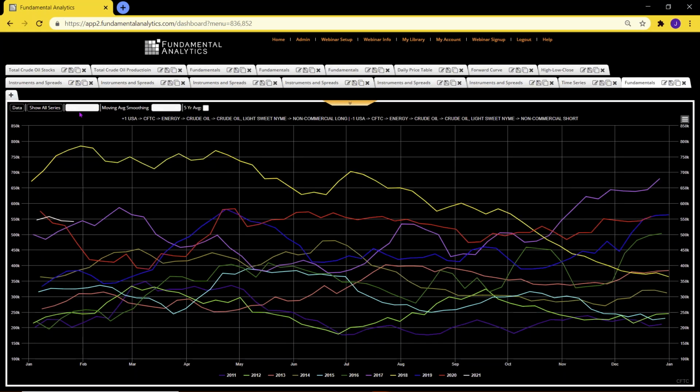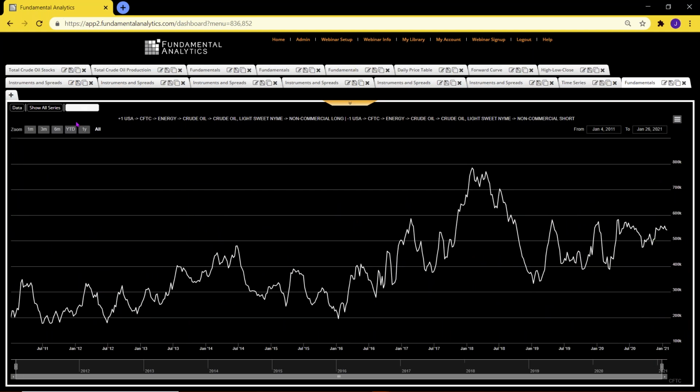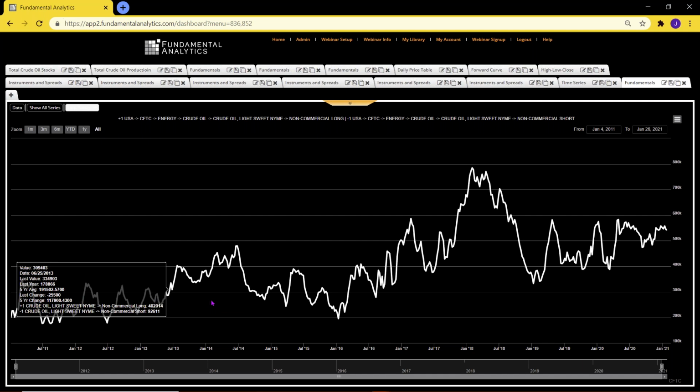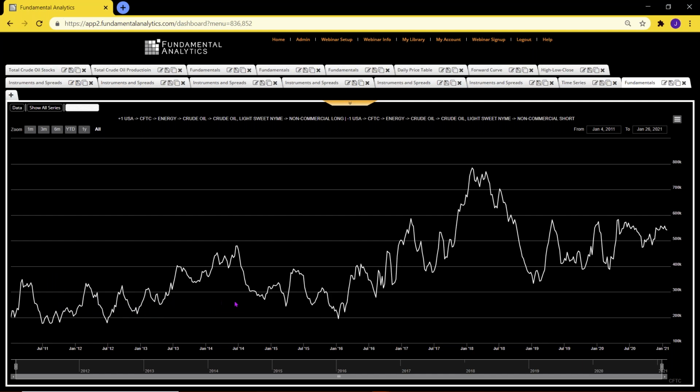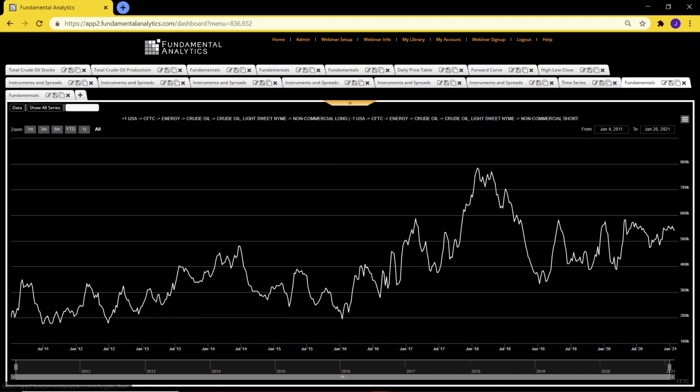Again, it's not completely obvious what it's telling us here, but what we'll see is how the net position of funds tracks the prices of crude oil, and how it influences the prices of crude oil. So I go back here. I want to actually get out of fundamentals.